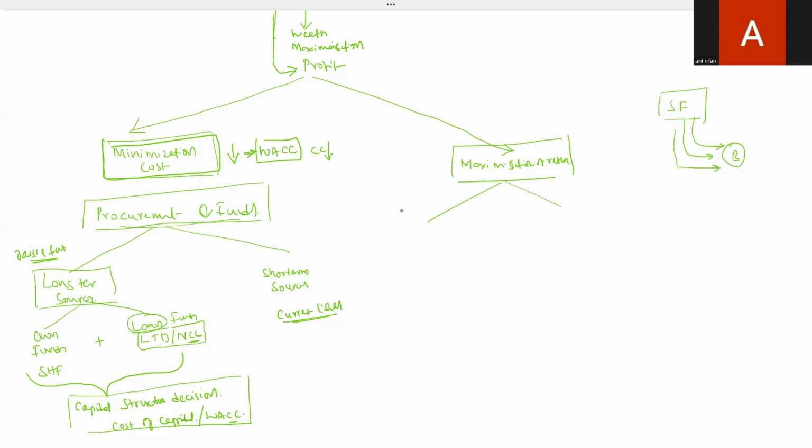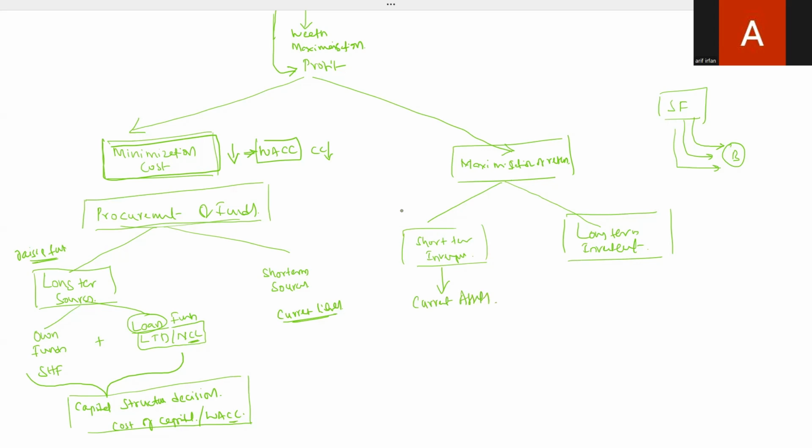So maximization of returns, in the sense here, is categorized into short-term investments and long-term investments. Short-term investments means current assets.